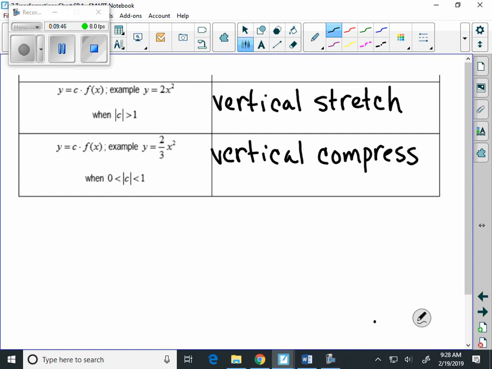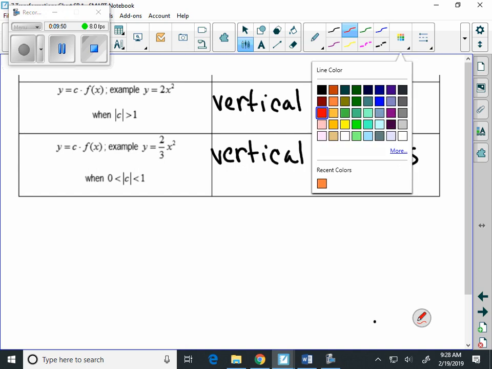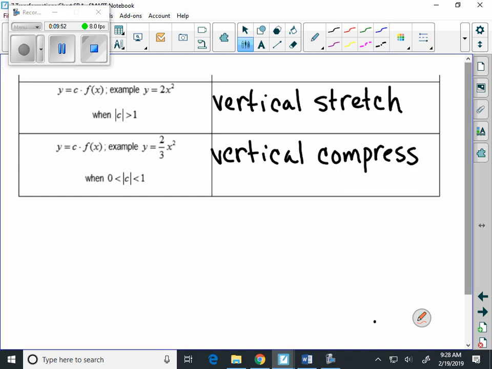And in terms of the vertical changes here, what happens is that the c is considered to be outside of the function. If you are planning to take pre-calculus, the horizontal stretch and compress will be inside the function.